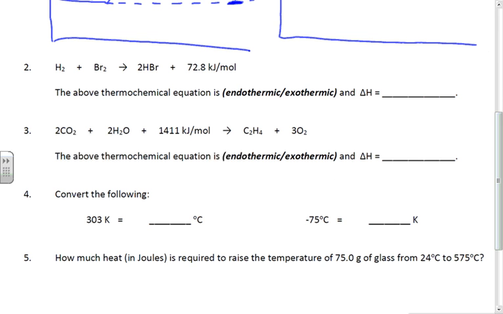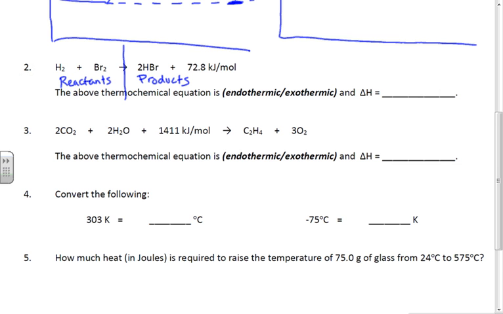Now, we don't have to have a diagram to figure out if it's endothermic or exothermic. If we have a thermochemical equation, an equation that's got energy involved in some way, we can figure out if it's endothermic or exothermic just based on which side of our arrow we find that energy value. So our arrow, again, remember, splits this into reactants before the arrow and products after the arrow.